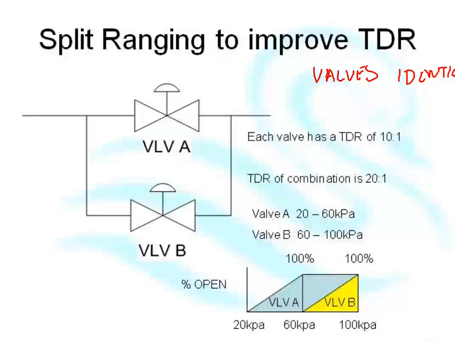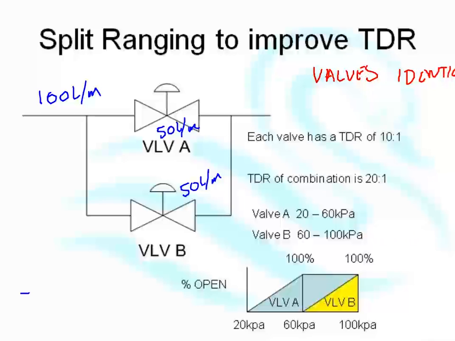Now, let's say for the sake of argument I want to put 100 litres per minute through that combination system. That's my maximum flow. What that would mean would be 50 litres per minute going through that valve and 50 litres per minute going through that valve. So each one of these valves is capable of controlling a maximum of 50 litres a minute.